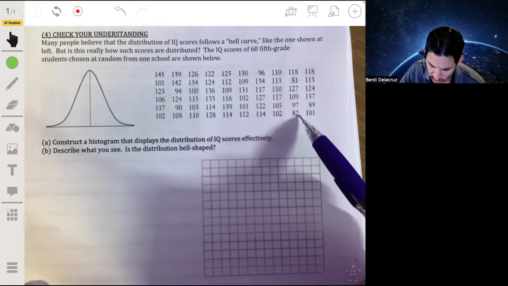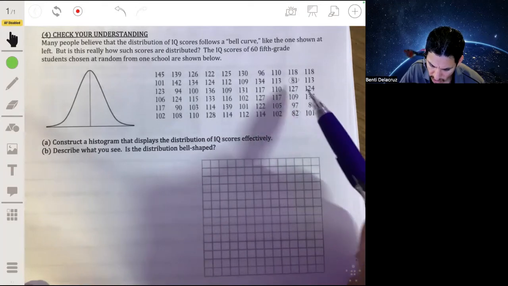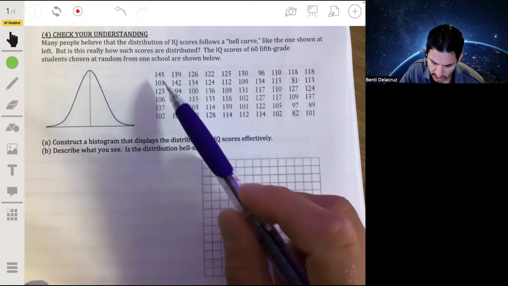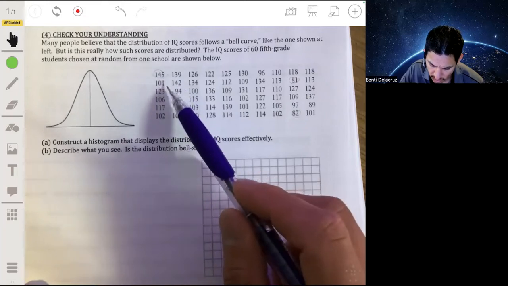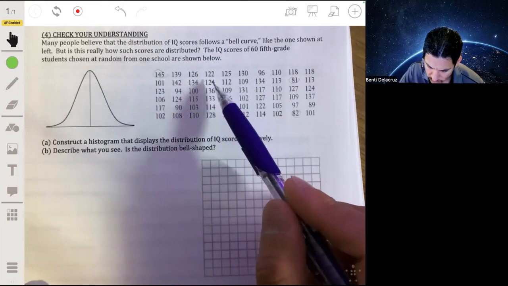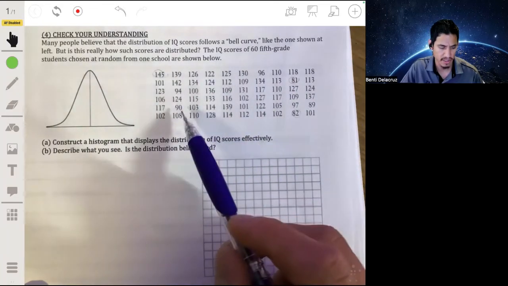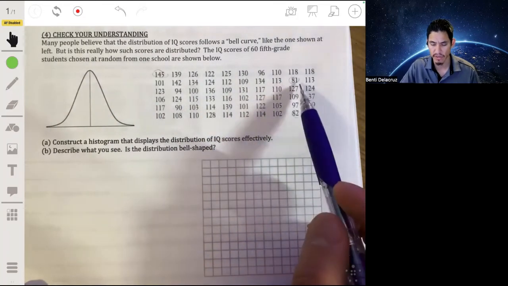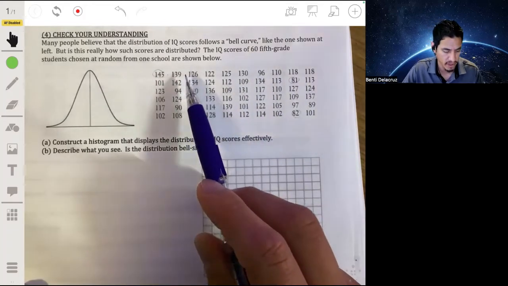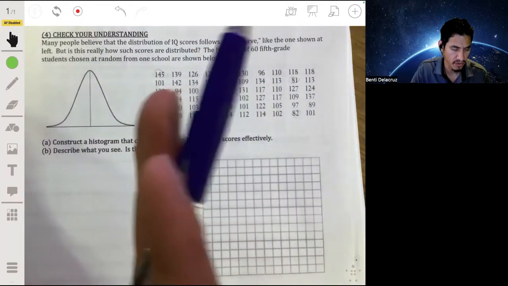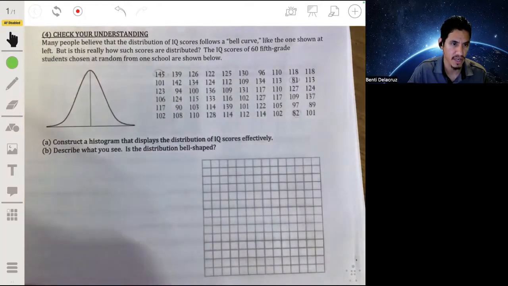We have an 82. Nothing lower than 81, it seems. And the highest, we have 145. That looks to be our highest. So we want to make sure we can include values from 81 to 145. To keep it simple, let's just go from 80 to 150. Let's go every 10.